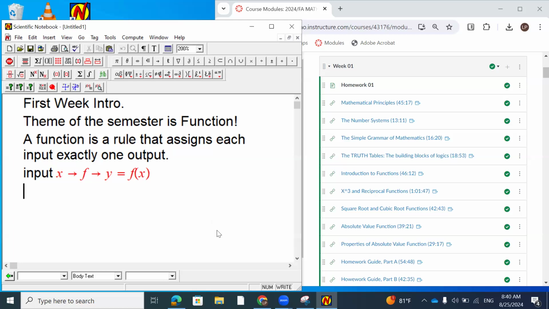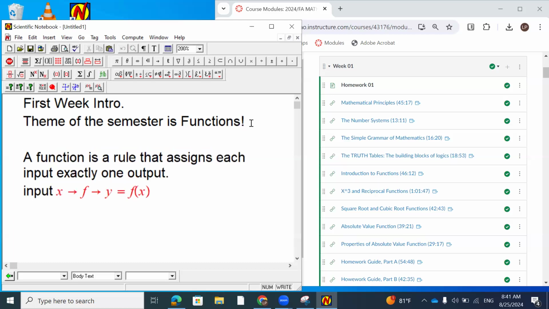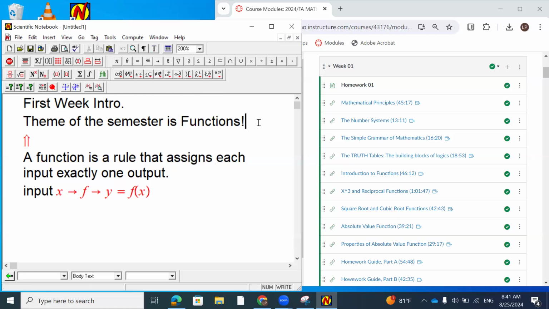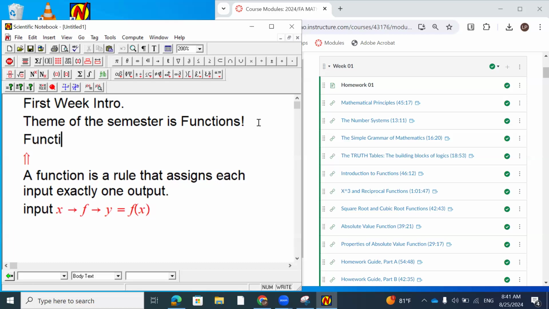Now, the theme of the semester is function. After we study and review all of these functions, from input to output and output to input, you will enter a course called calculus.